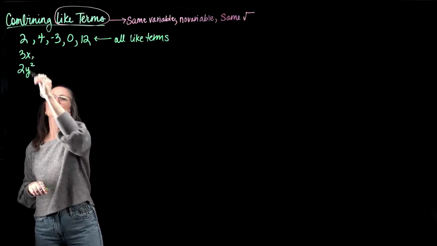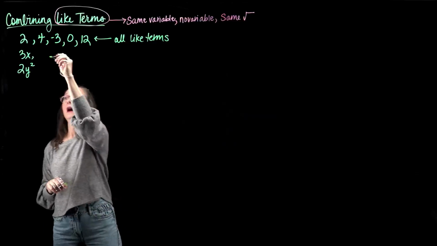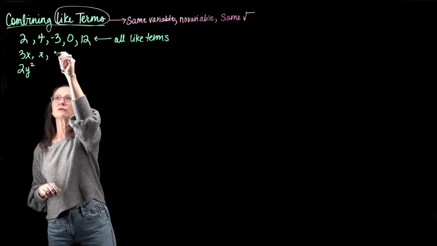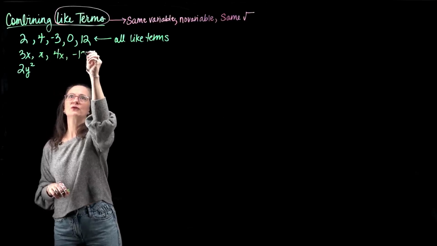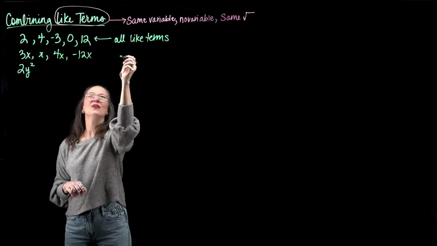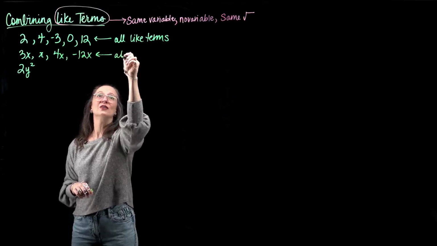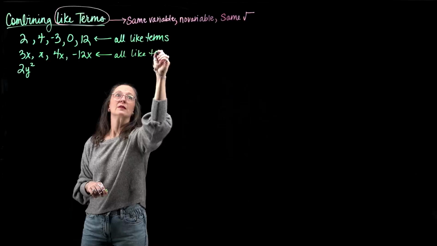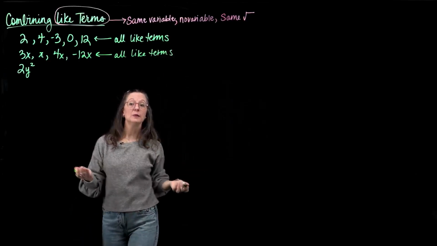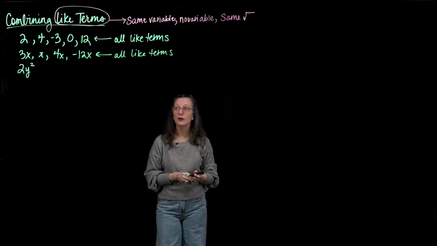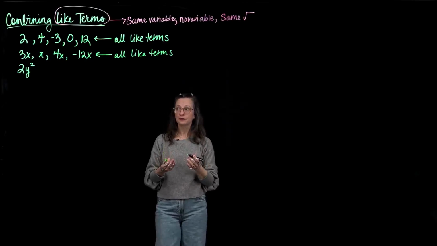What would be a like term to 3x? Well, 1x, 4x, -12x. These are also all like terms. And so anytime that we saw them grouped together, we could combine them.